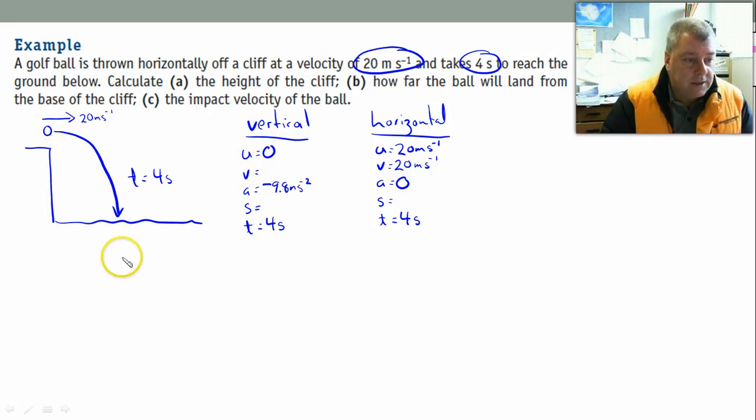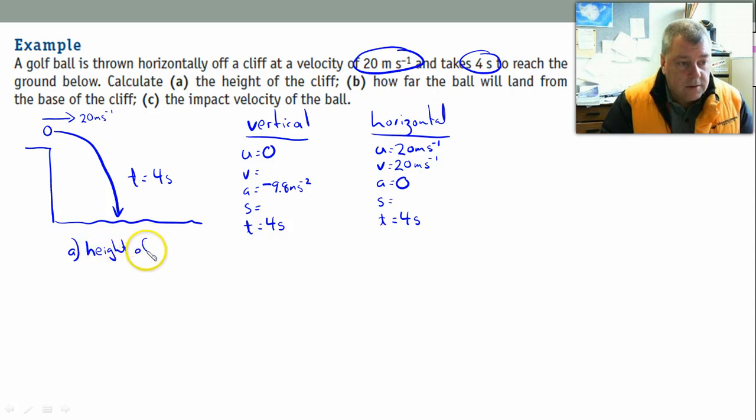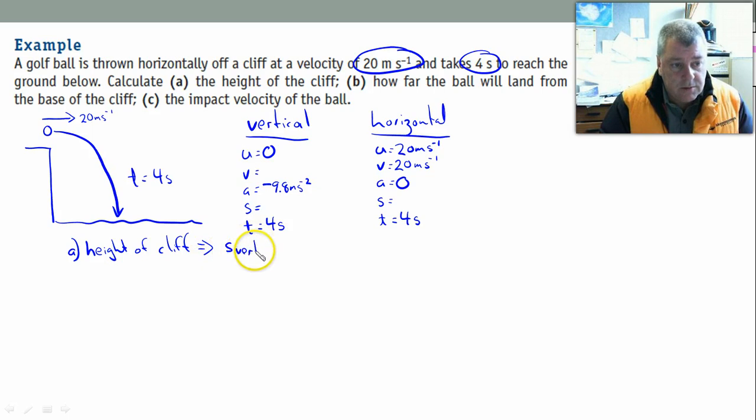Alright, so let's have a go at it. What are we going to do first? A. Let's do the height of the cliff. That's what we're after, and so this is really asking us for s in the vertical. We can use s equals ut plus half at squared. How did I know to use that one?